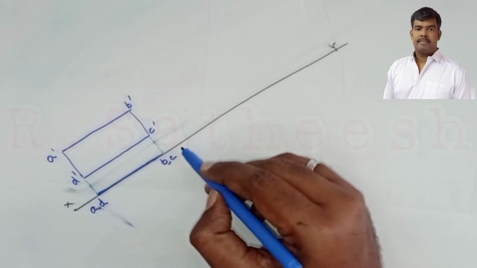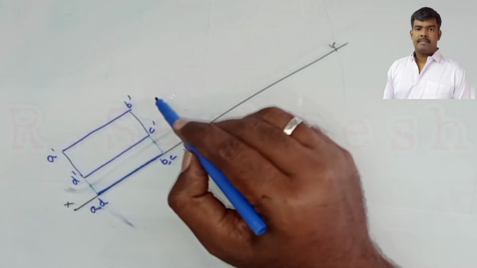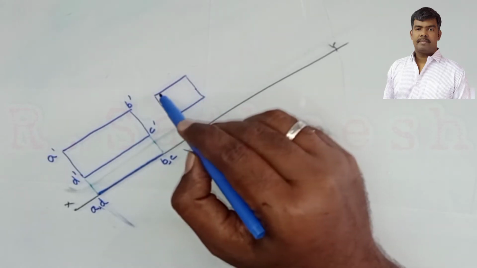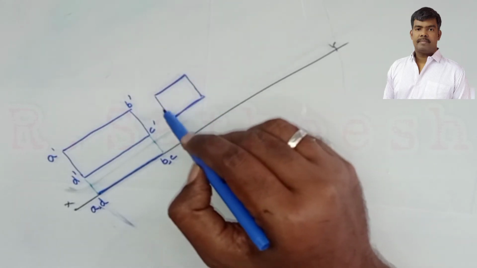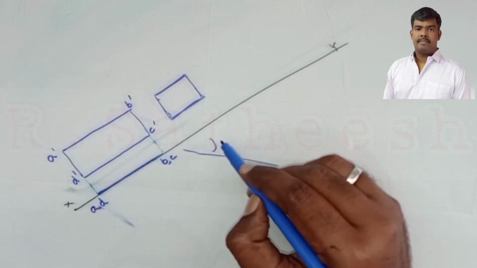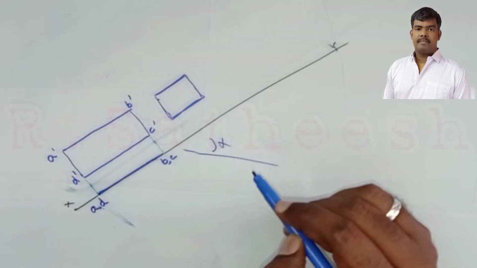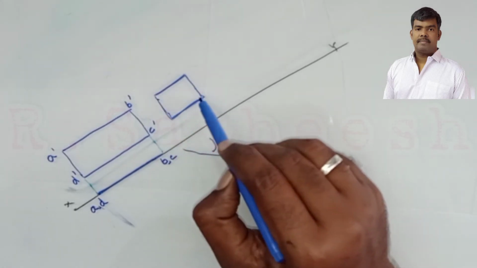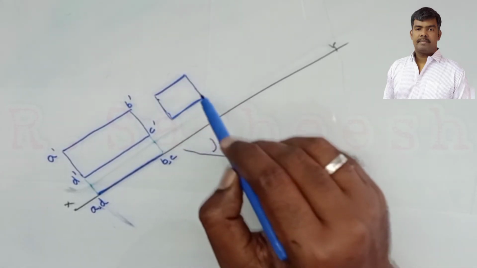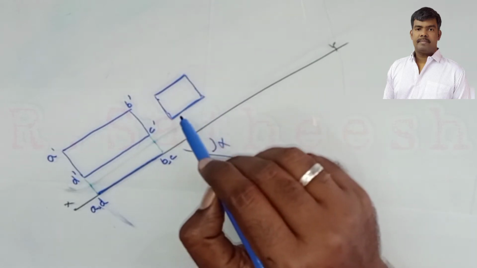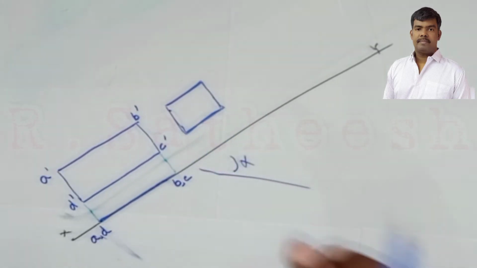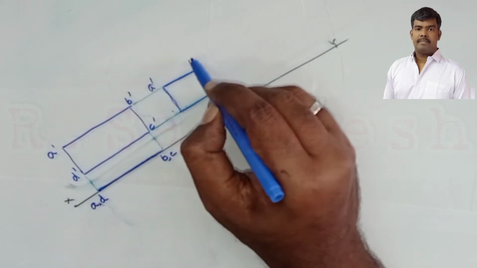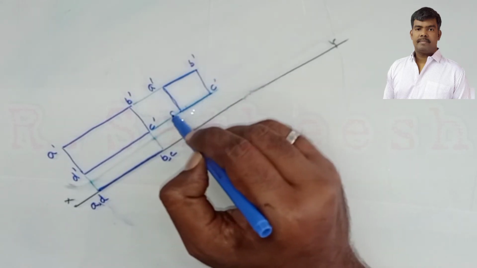After inclining, finally we get the fourth diagram, in which the front view appears square. In this problem the angle of inclination to the VP is not given, but we know that the final front view after inclining to the VP appears as a square of size 30 by 30. So this is A dash, B dash, C dash, D dash.